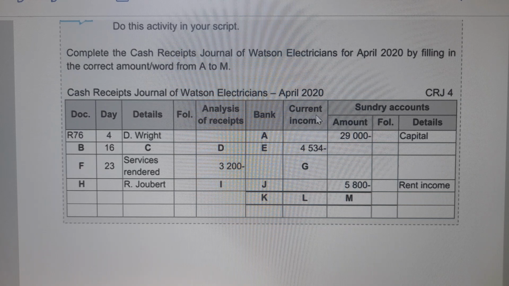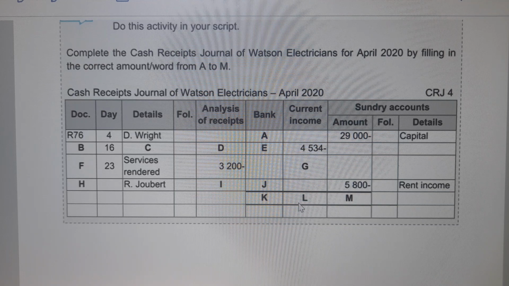Okay, and then we'll come to the current income column. It will only be 4,534 plus 3,200. Okay, because current income here, the total in this column will be 7,734 for number L. And we will come to sundry amount.